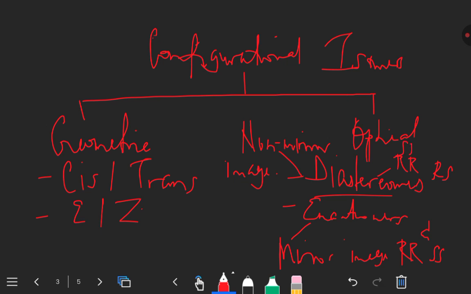We call them diastereomers because they just differ at one point. So we have S,S and they just differ at R, and we have R,R, but they just differ at S. That is the meaning we must get from there.